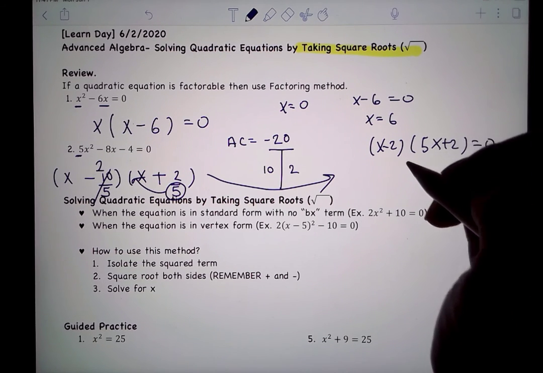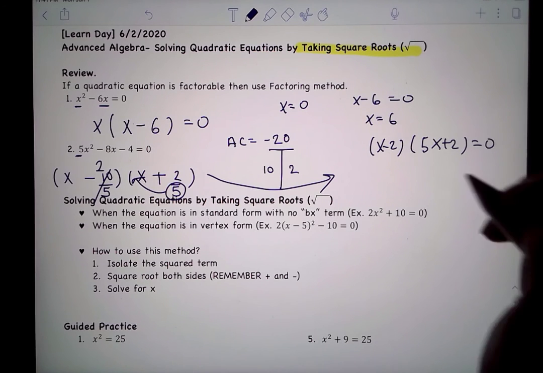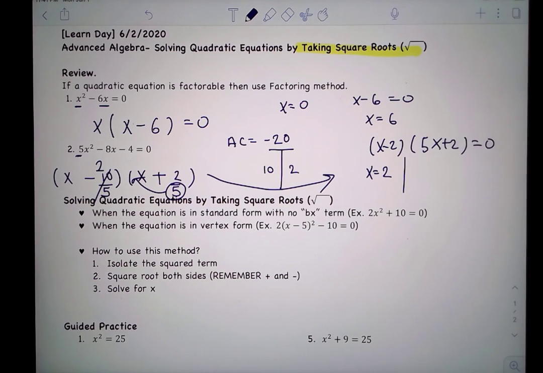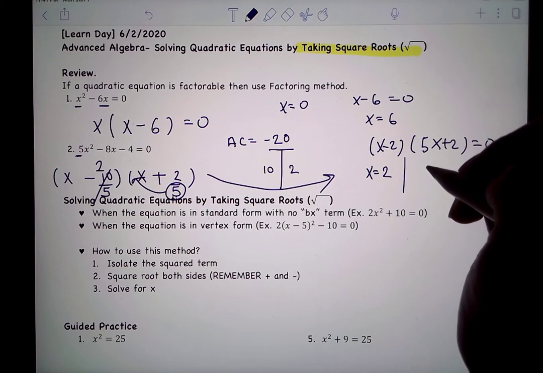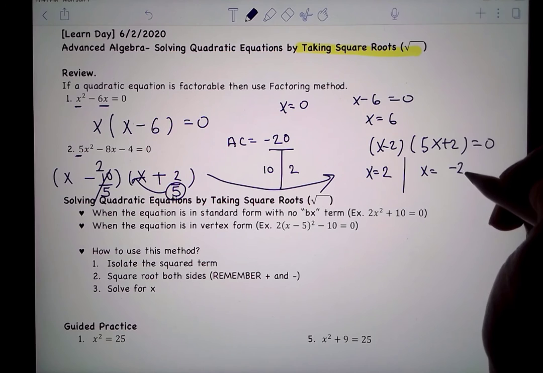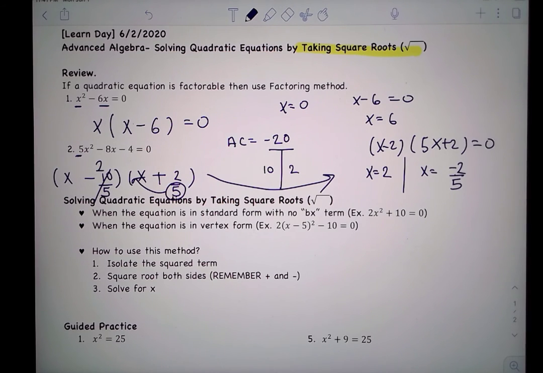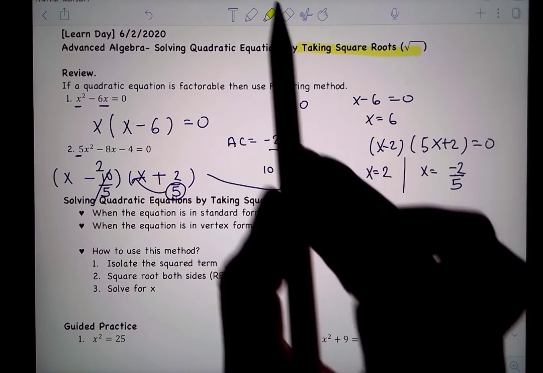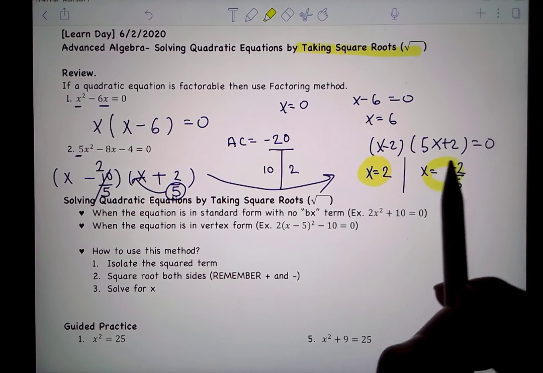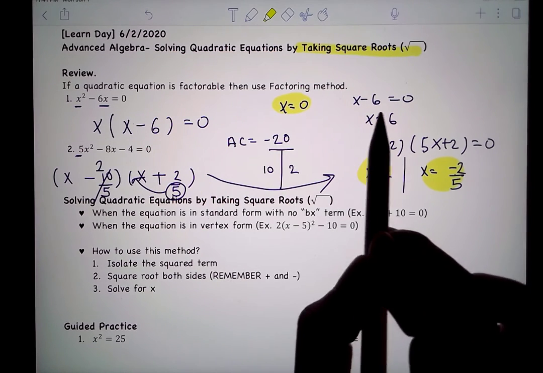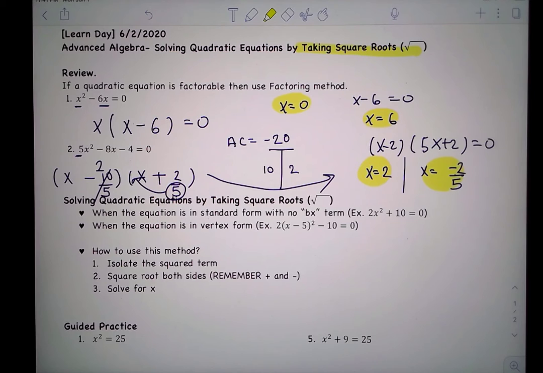Then we want to get the solutions of the quadratic equation. From here, the opposite sign is 2. From here, the opposite sign is -2, and your coefficient goes under it, so -2 over 5, right? For this one, I just use the shortcut, this and that. And for number 1, 0 or 6, right? So we did this one. That was solving quadratic equations by factoring, right?